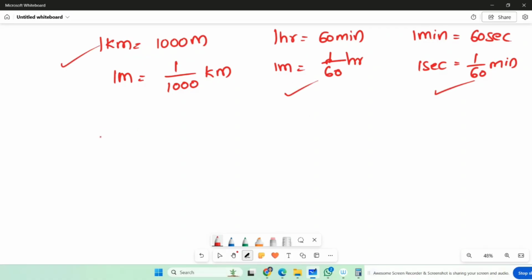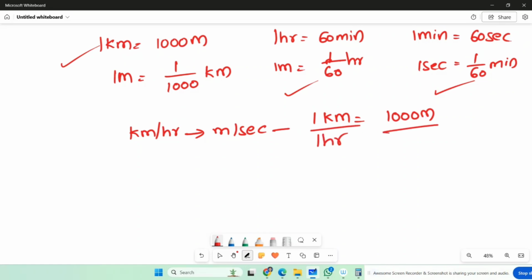So now to convert kilometer per hour to meter per second, we know that 1 kilometer is nothing but 1000 meters and 1 hour is nothing but 3600 seconds.